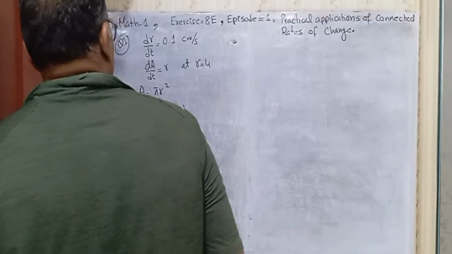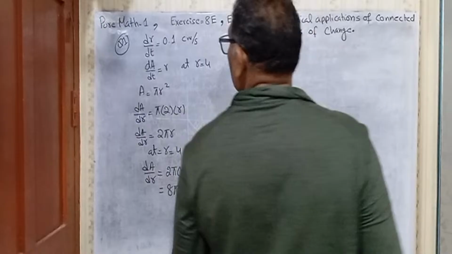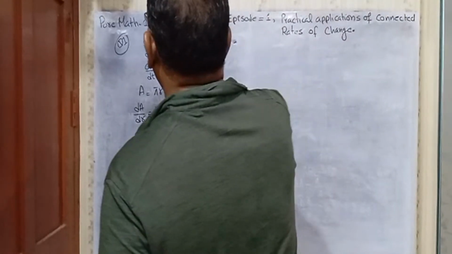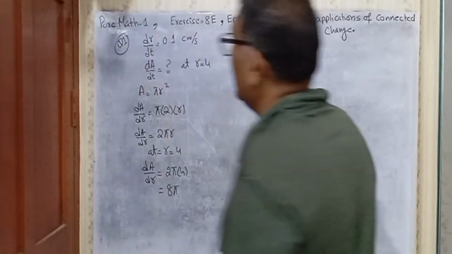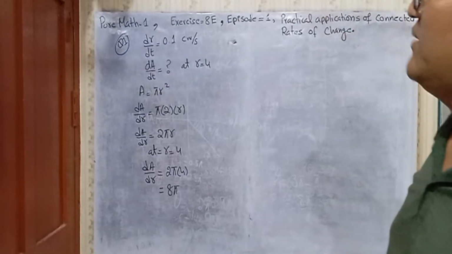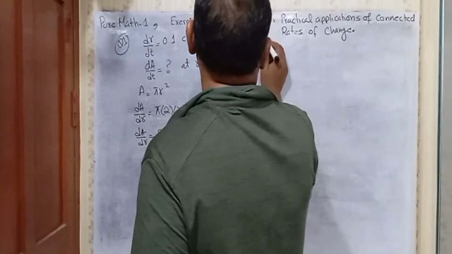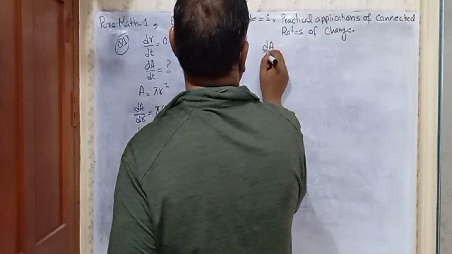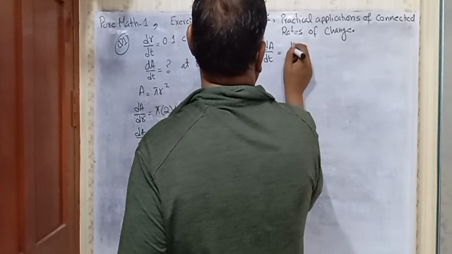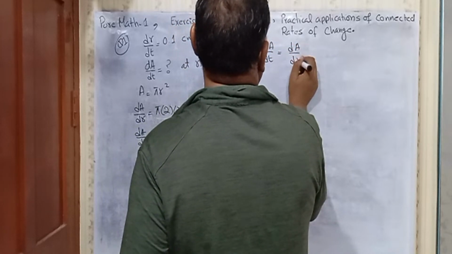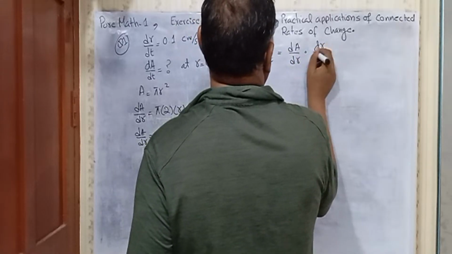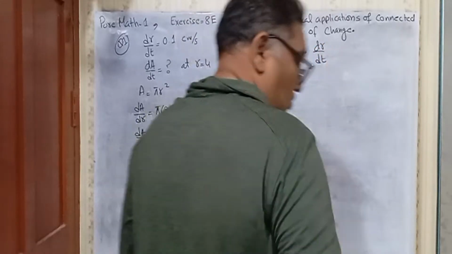Now their question is to find dA by dt. dA by dt will be equal to dA by dr into dr by dt. This is my chain rule.